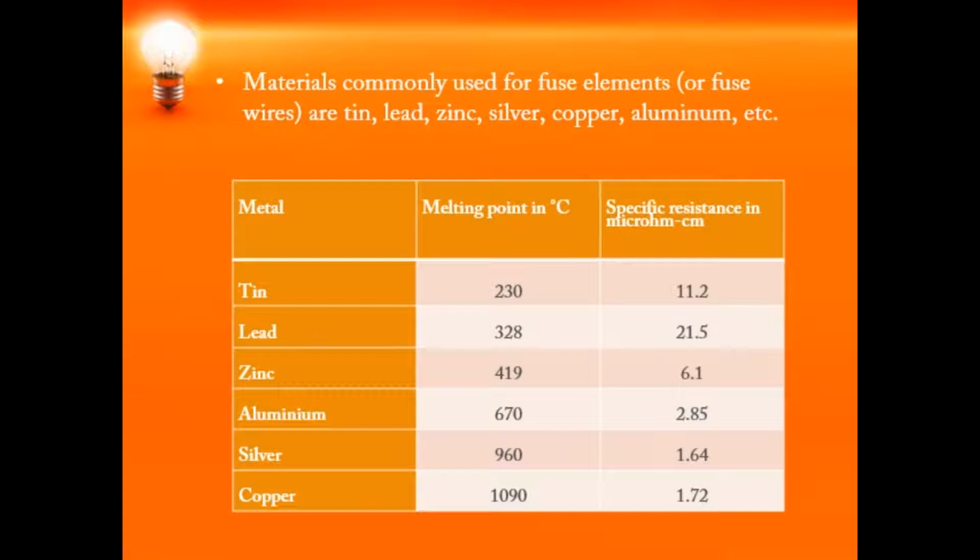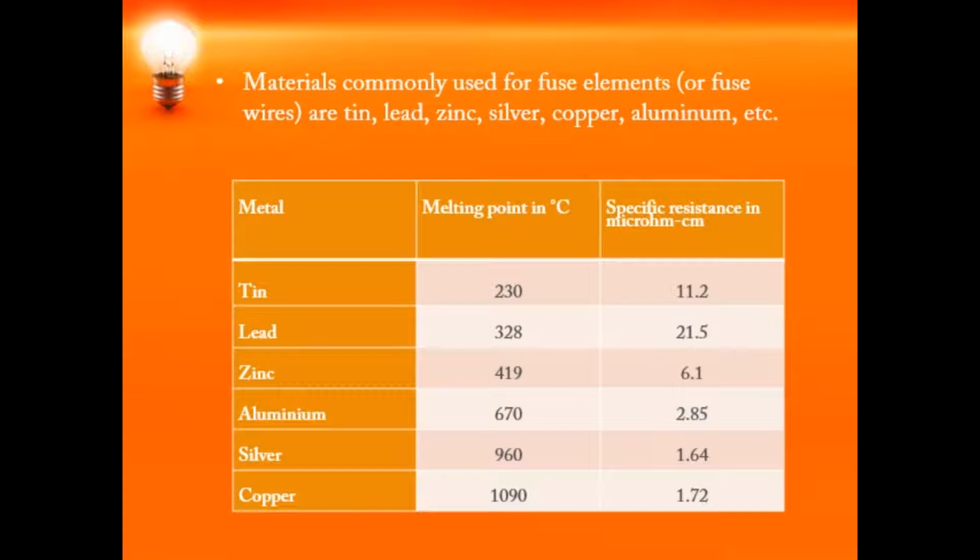Most of the times an alloy of lead and tin will be used, or copper will be used for low range of current circuits. The property of this fuse element is that these materials should have a low melting point. And if you observe the table, a low melting point material will have a high specific resistance.